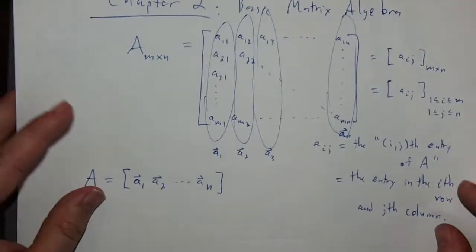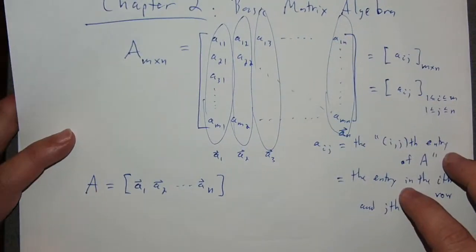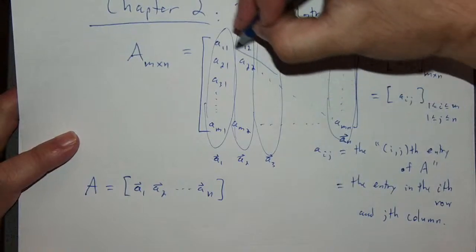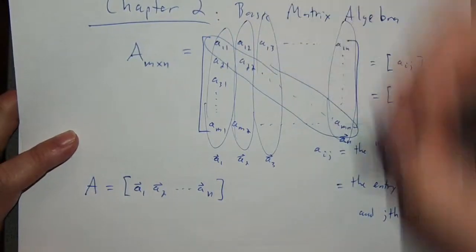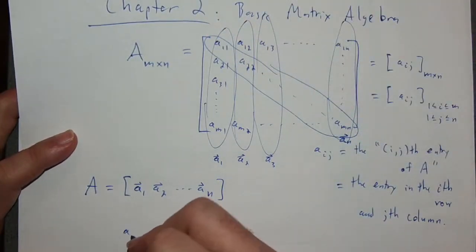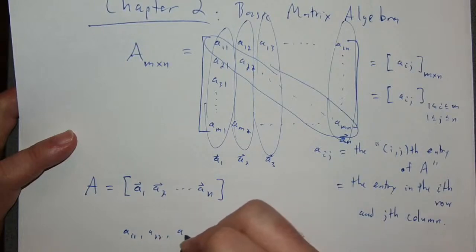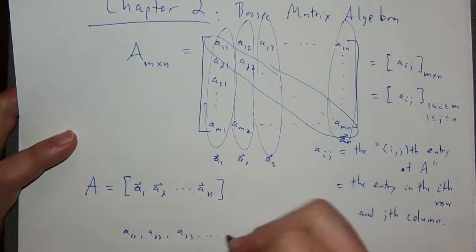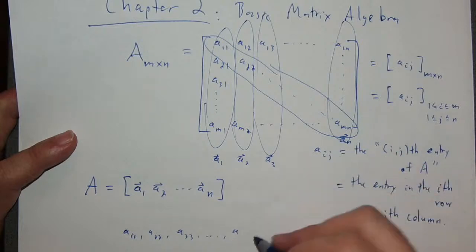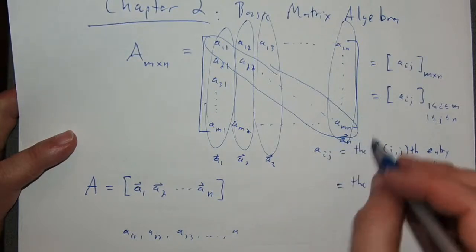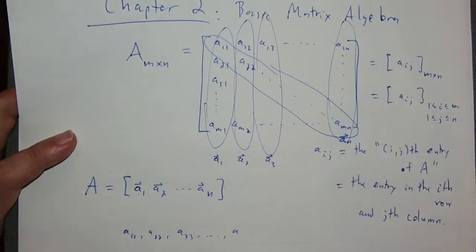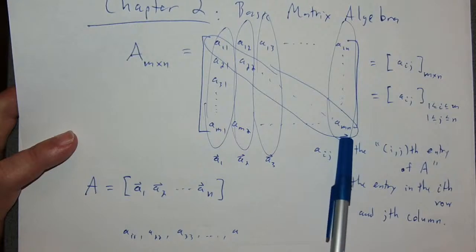Now, I could go back here for a second, just summing some things up. The diagonal entries are these. All right, so A11, A22, A33, and so on, all the way out to whichever of these you hit first, right? So this is not guaranteed to be on the diagonal.